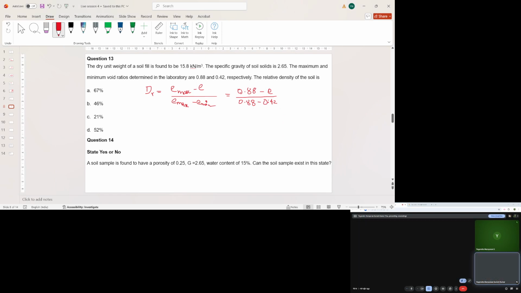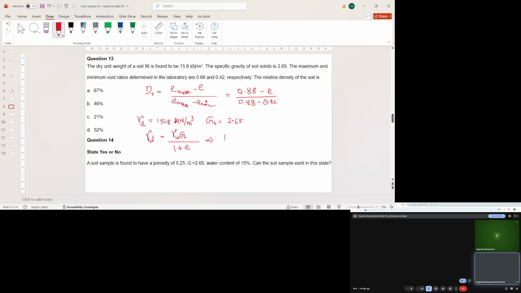Now we have to compute e. For computing e, we have dry density 15.8 kilonewton per meter cube, and soil solids specific gravity which is 2.65. How can we relate this? Gamma d is equal to gamma w G divided by 1 plus e.